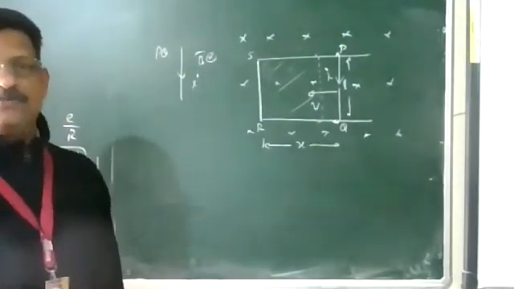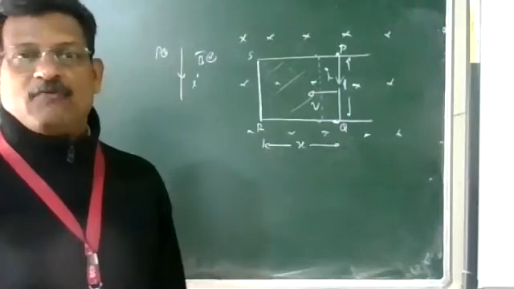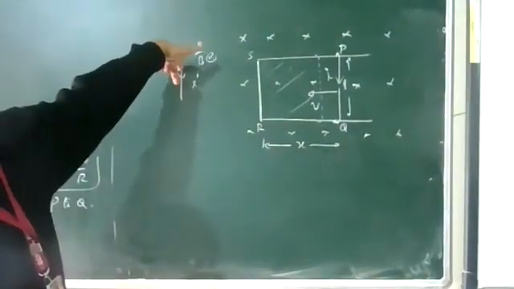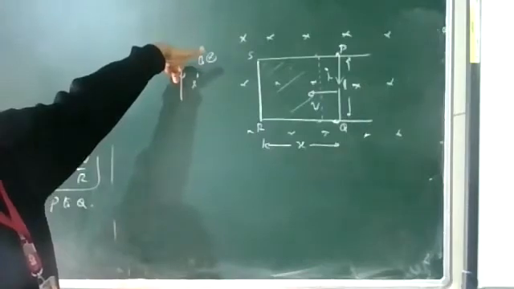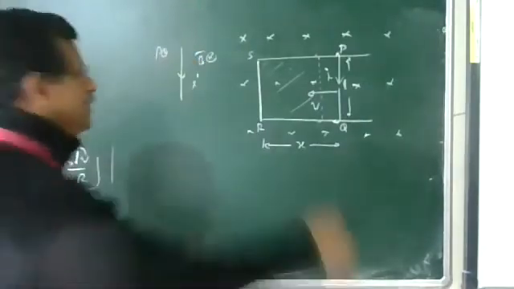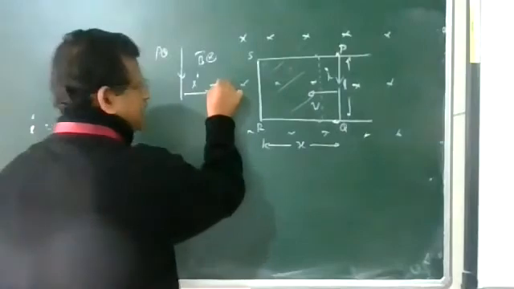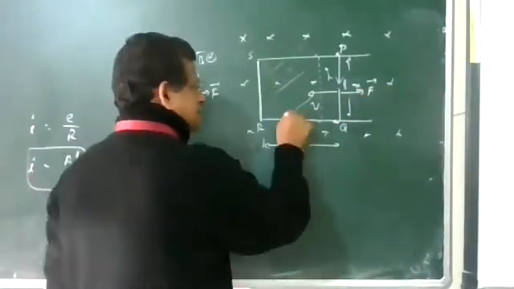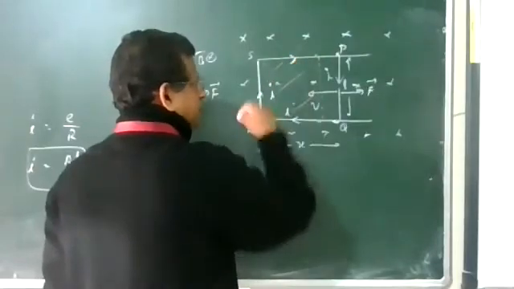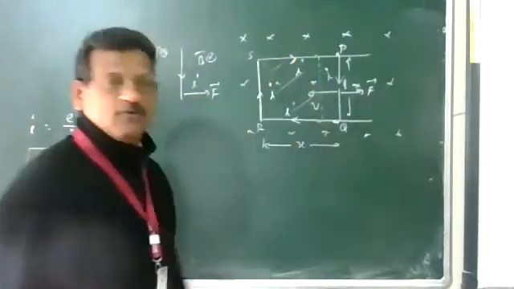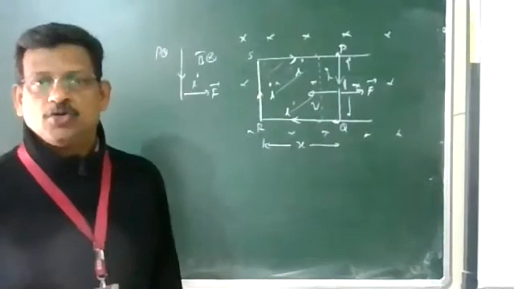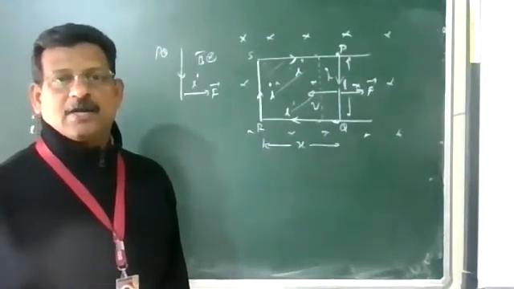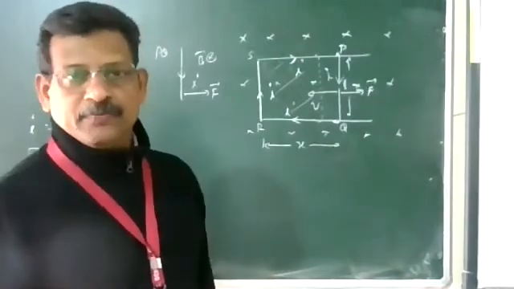It experiences a force, and the direction of the force is governed by Fleming's left-hand rule. The magnetic field is going inside, the current is coming down, so the thumb gives the direction of the force. It experiences a force toward the right side. So the current flows in such a direction that PQ experiences a force toward the right, so that it does not go towards the left for changing the flux. This is in accordance with Lenz's law.